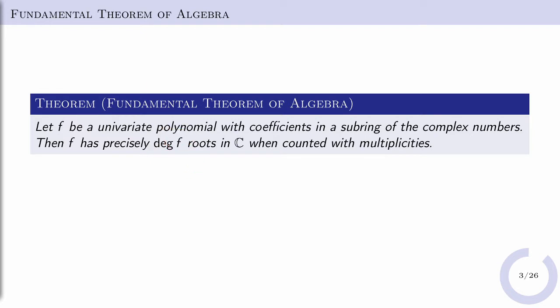So, in other words, if we have a polynomial of degree n, then when counted with multiplicities, this polynomial must have exactly n complex roots. This I believe to be well known. There are dozens of different proofs of this theorem, and I will skip the proof because it would take us too far afield here, but we need to remember it.